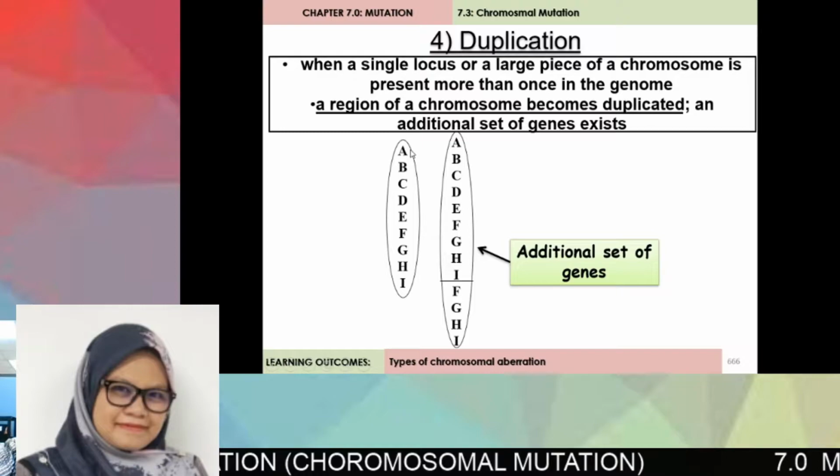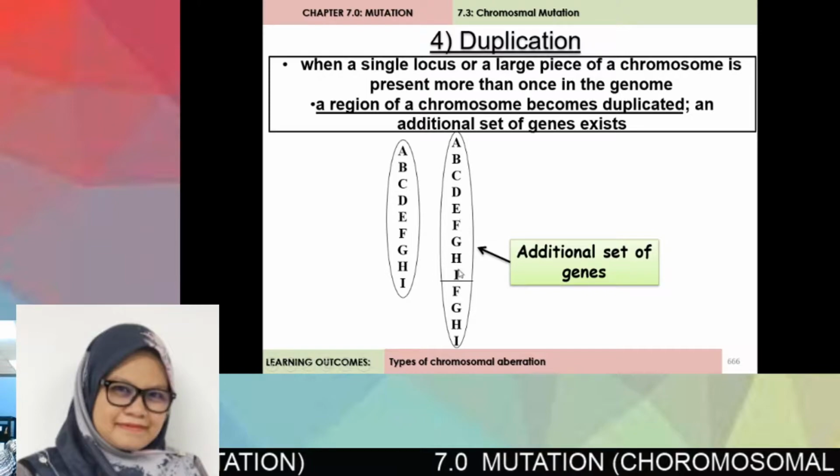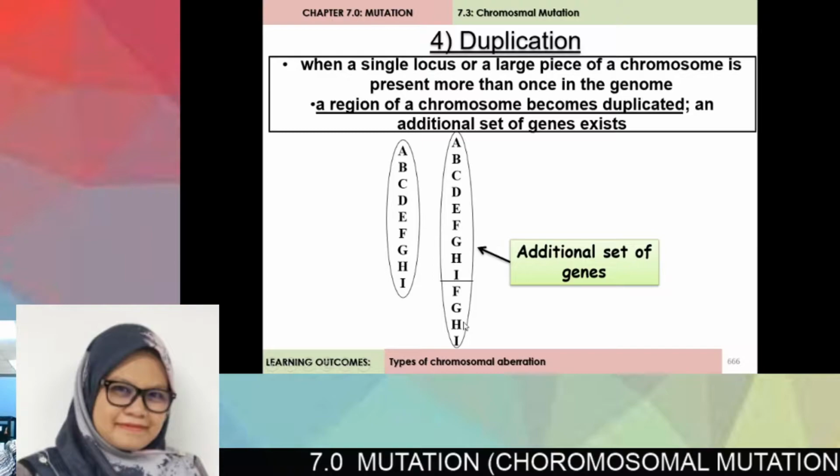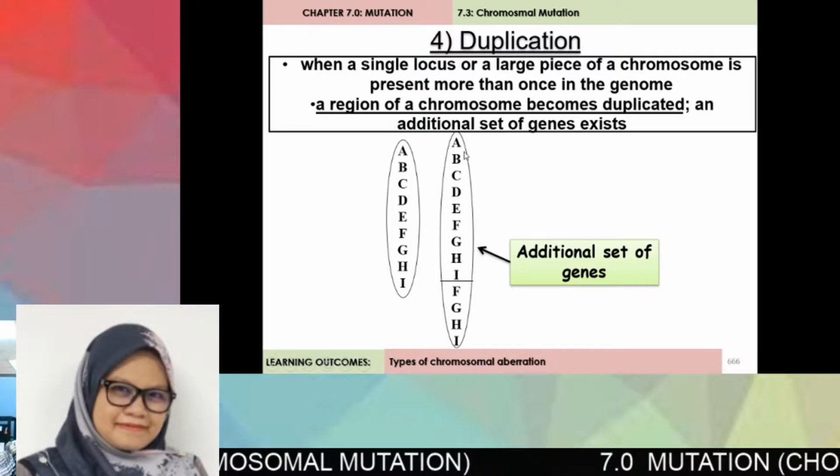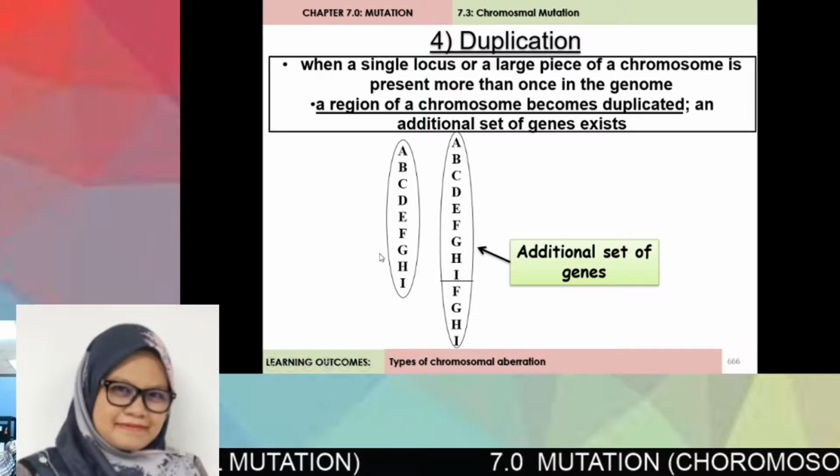So the normal segment is A, B, C, D, E, F, G, H, I. But then, as you can see here, when the gene duplicates, the duplicated gene is F, G, H, I. Okay, FGHI is the duplicated gene. So that is why it causes an addition of genes, because the region of the chromosome has been duplicated.